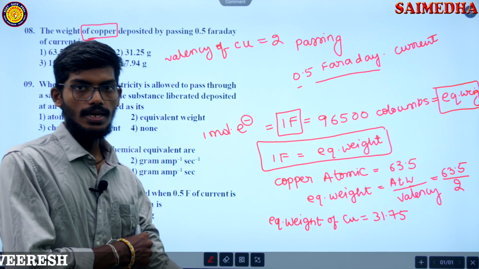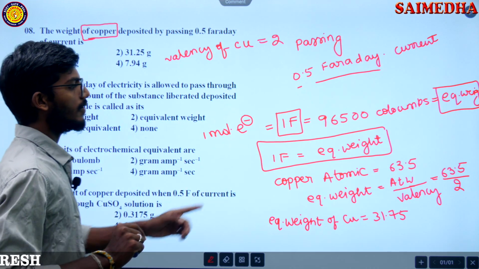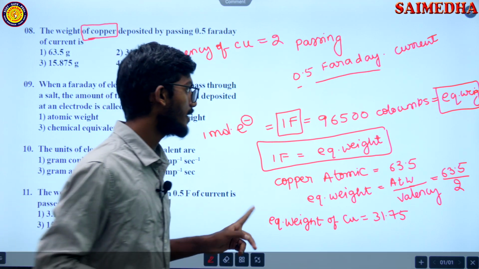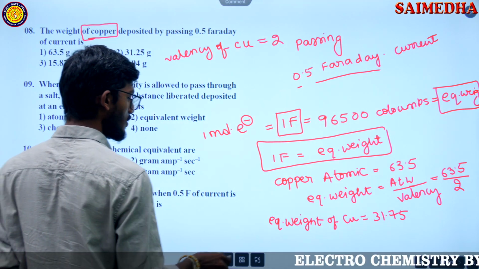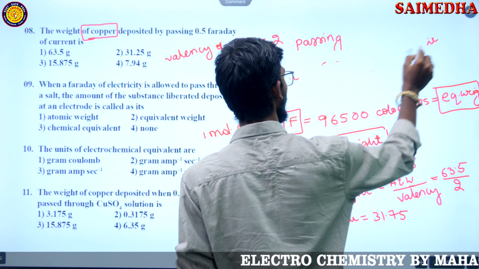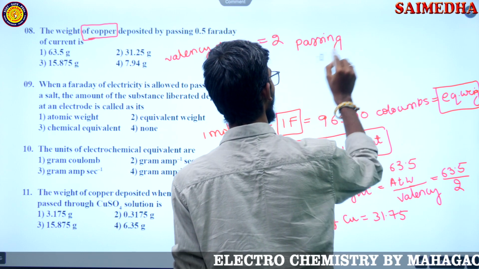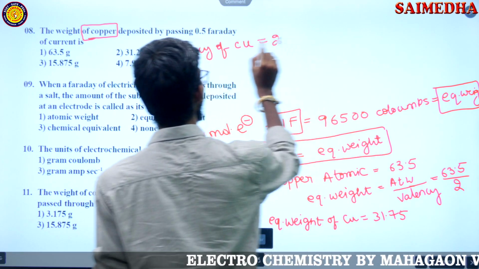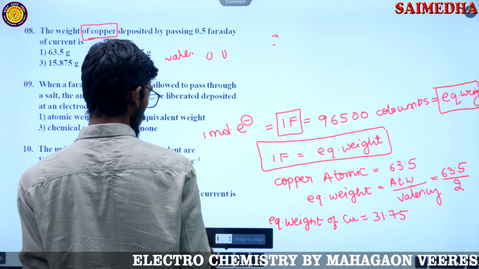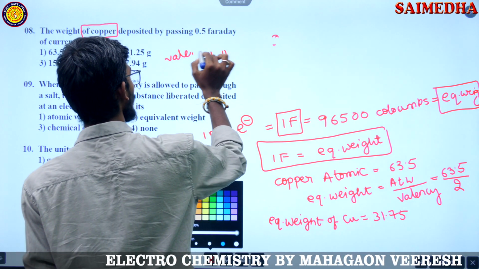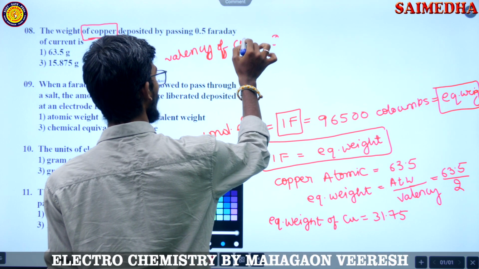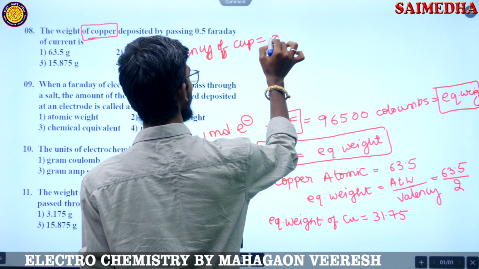Right. Now tell me, I told you 1 Faraday will give you equivalent weight. So from this, 1 Faraday will give you how much amount of copper, guys? Valency of copper is equal to 2.